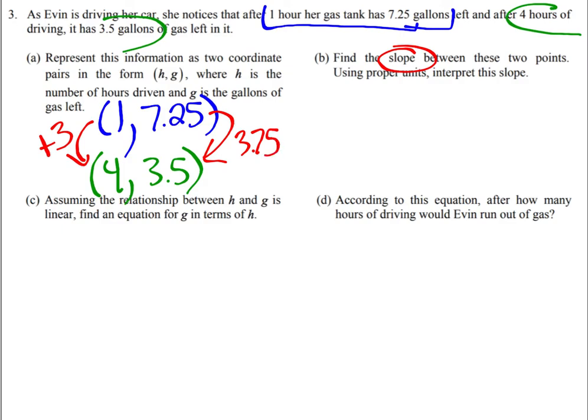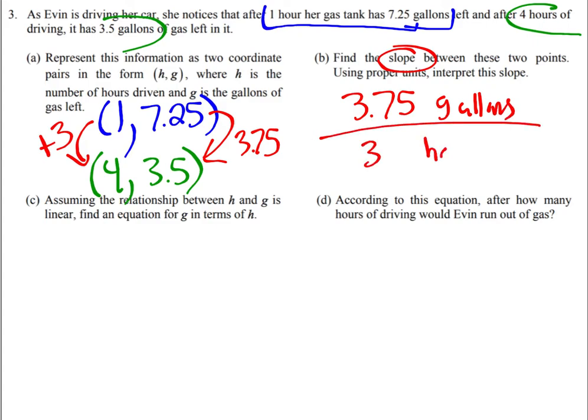3.75. All right, so we are using 3.75 gallons in 3 hours. And you can use that to get a nice decimal calculation of your gallons per hour number. 3.75 divided by 3 gets you 1.25 gallons per hour.